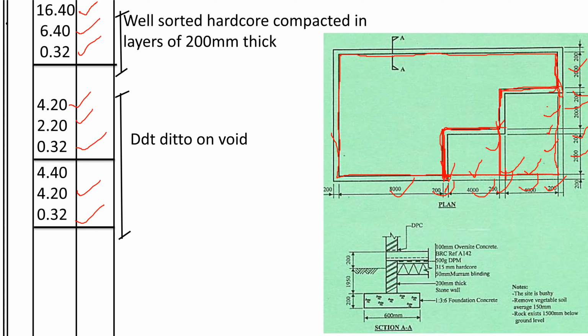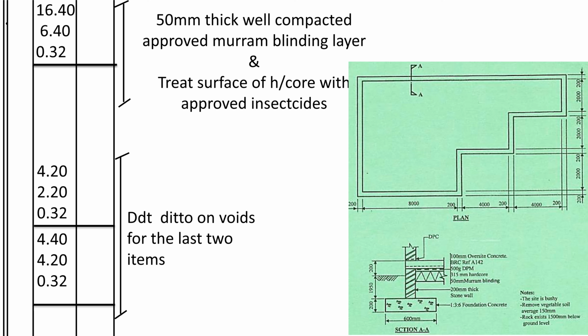So we shall now lay the Murram on top of the hardcore. Then we shall treat the surface with insecticides. So the dimensions for the Murram blinding we shall take just like for the hardcore.